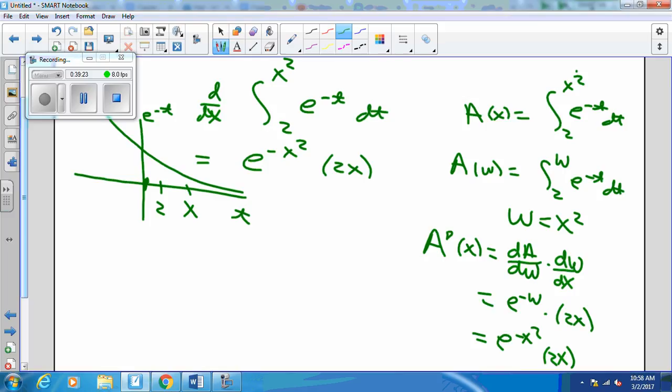I'm just using substitution to make it a little bit more clear why this should work out as outside, inside. So really, we can just think of the fundamental theorem as one more derivative rule. Area functions are a family of functions, and their derivative is the height of the curve.